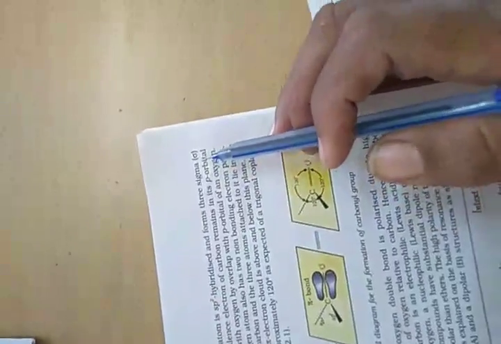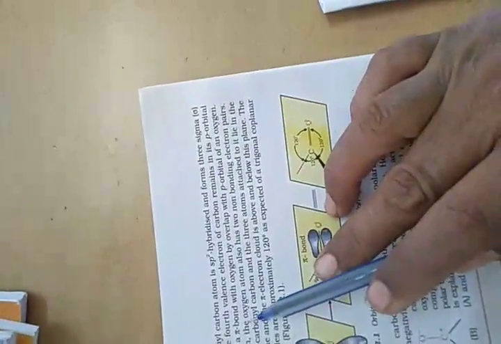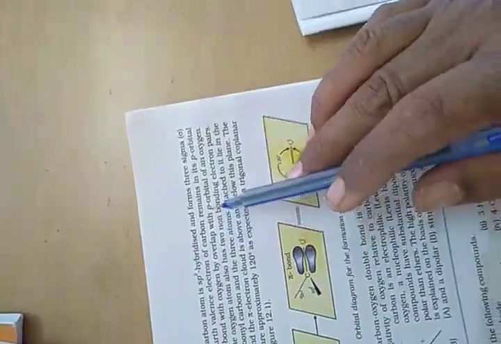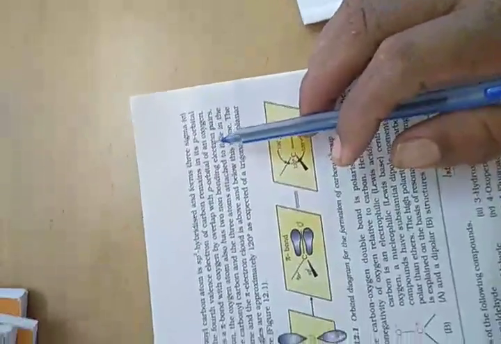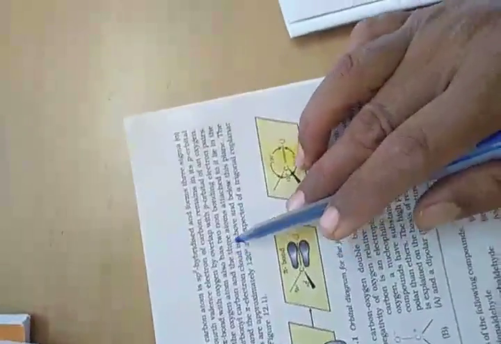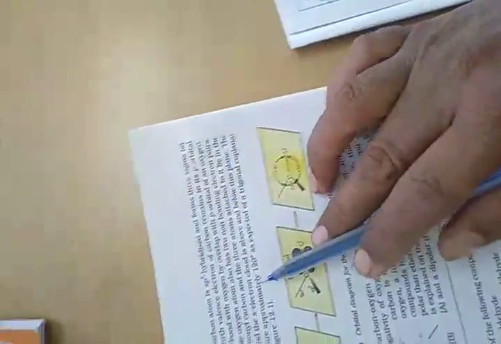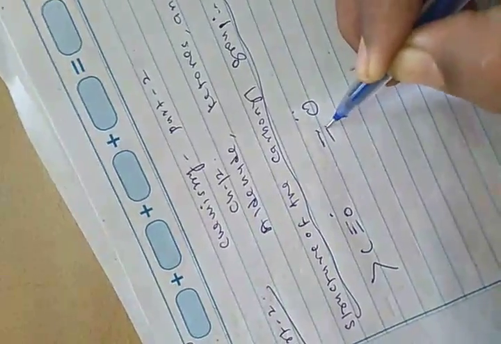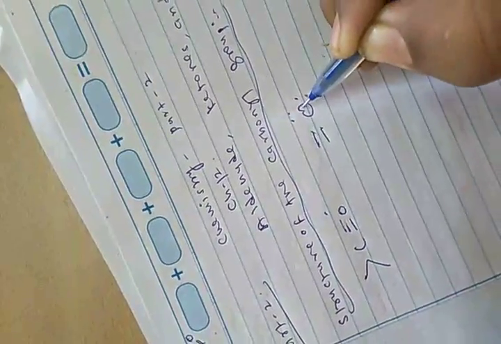The fourth valence electron of carbon remains in its p orbital and forms a pi bond with oxygen by overlapping with the p orbital of oxygen. In addition, the oxygen atom also has two non-bonding electron pairs. Oxygen has 6 valence electrons, so with the double bond there are 2 bonding and 2 non-bonding pairs.